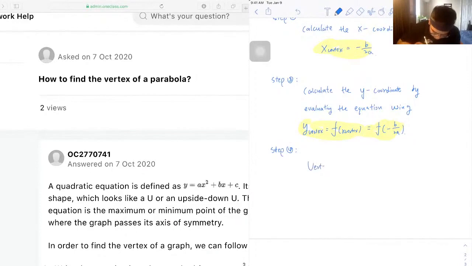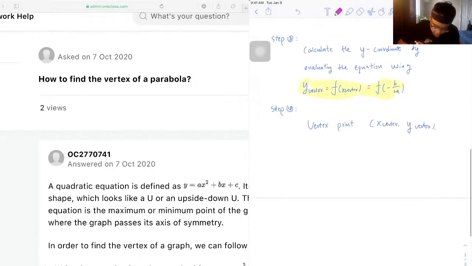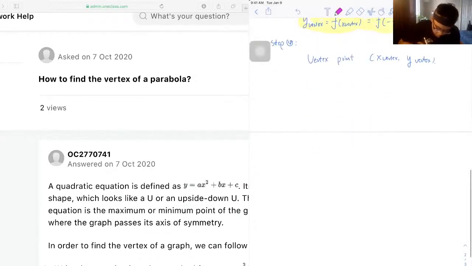Our vertex point will be x vertex, y vertex. And let's try this with an example. So say I've got a quadratic equation, y is equal to x squared plus 2x plus 1.